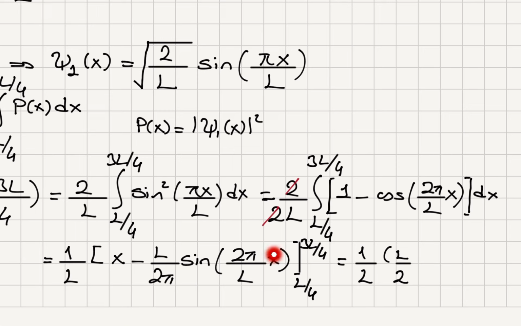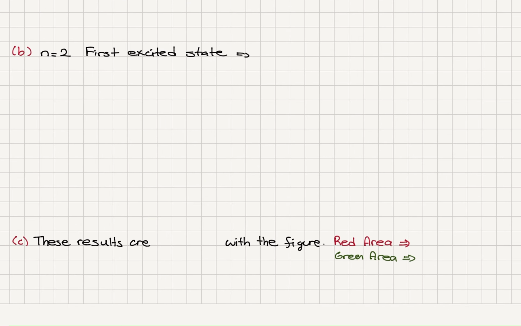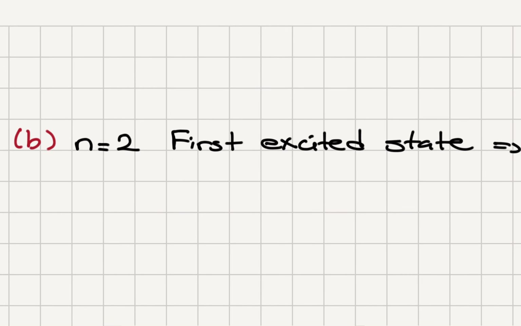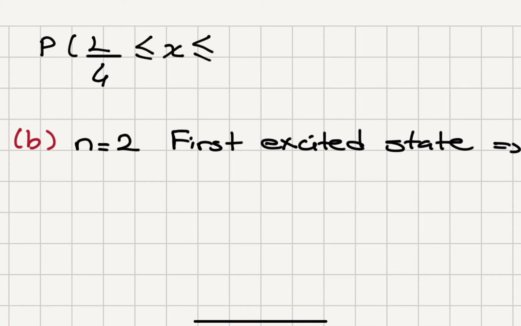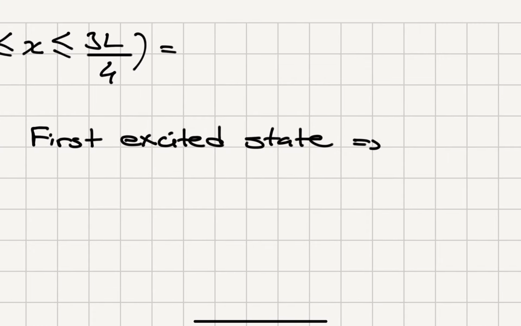And if I calculate this number, the probability that x is between L over 4 and 3 capital L over 4 is 1 over 2 plus 1 over pi.